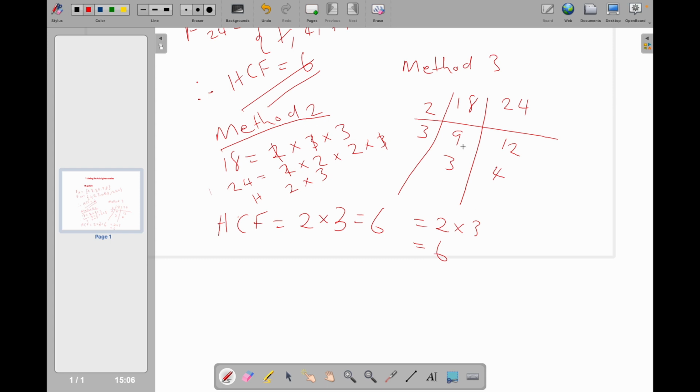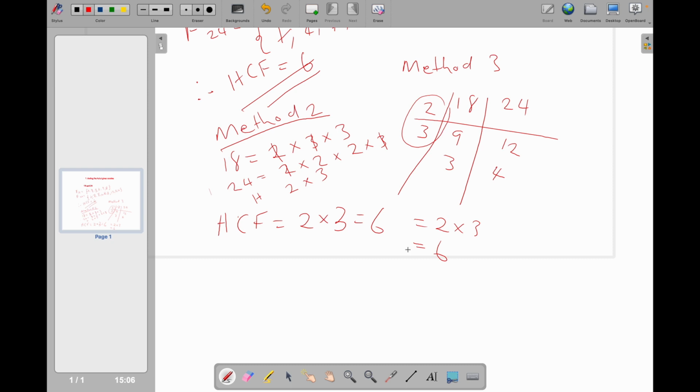So you see, this one is easy because you just list the numbers and find the common numbers that can divide both numbers. And if we don't have common numbers anymore, it means we just take the numbers we have here, multiply them, and get the answer.